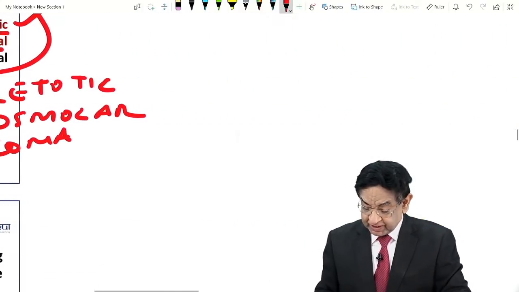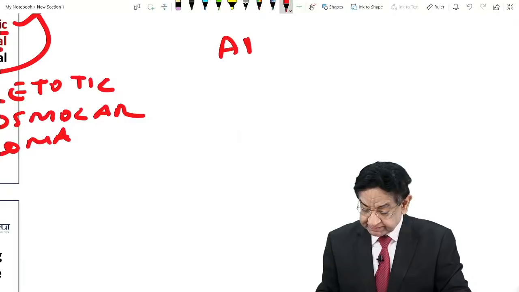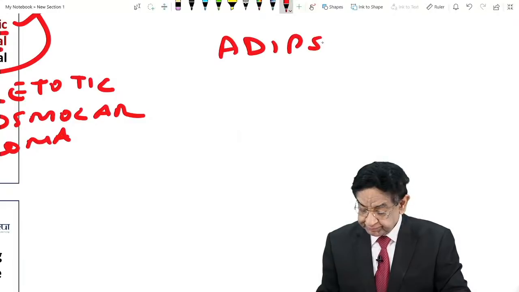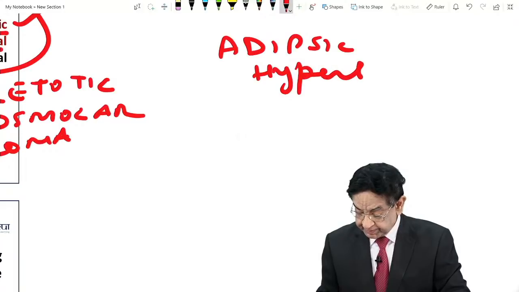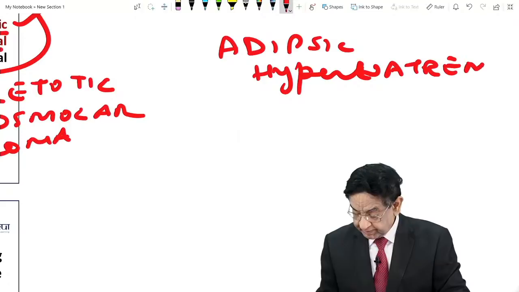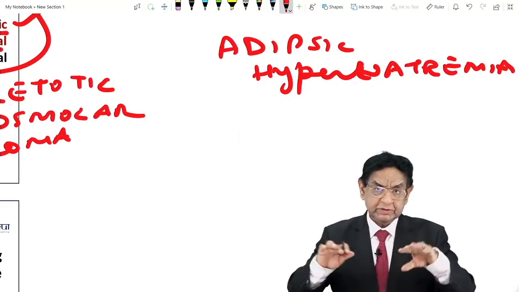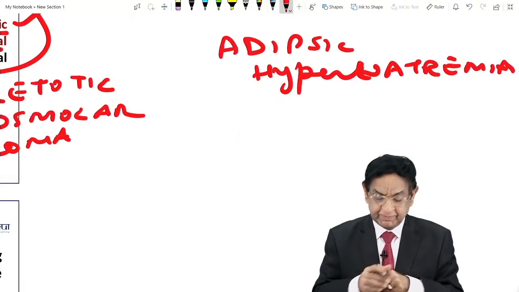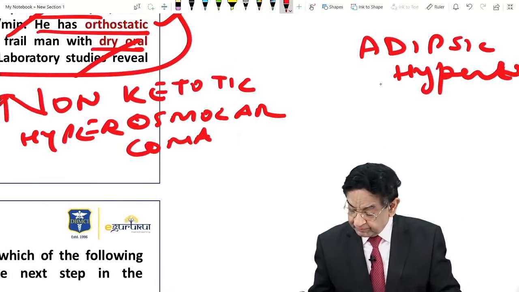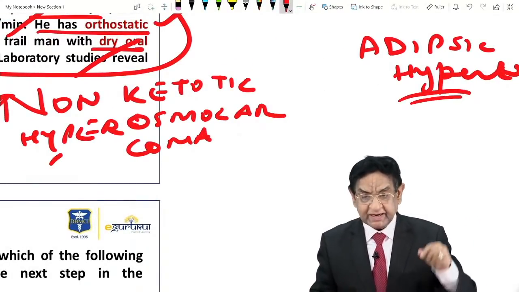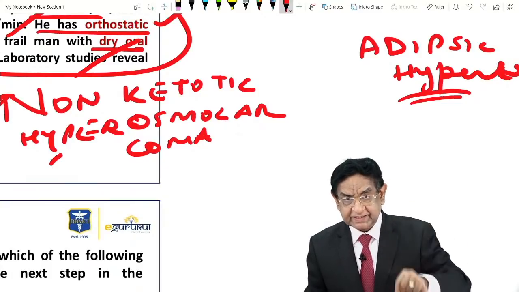Then the answer would have been adipsic hypernatremia. So now I'll be discussing two things. Of course, the common factor is hypernatremia. What is this? I'm going to discuss. But first, let me tell you how to manage this case.